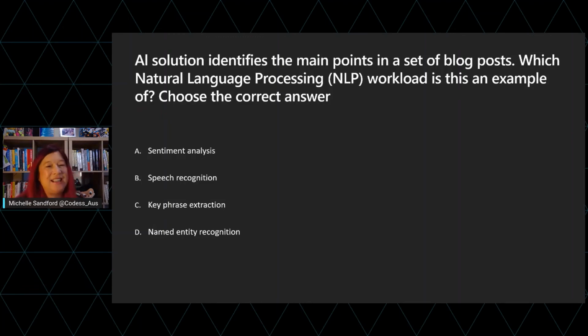Speech recognition is where Siri is recognizing that I say something and doing something with it. Keyphrase extraction is extracting the key phrases from a piece of text that you have. So identifying the main points in a set of blog posts, that's exactly that one.